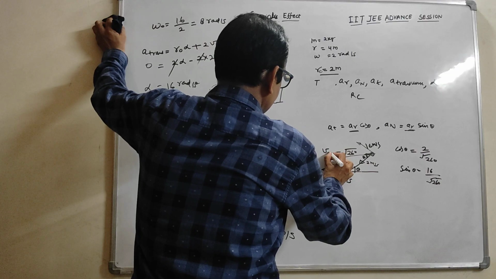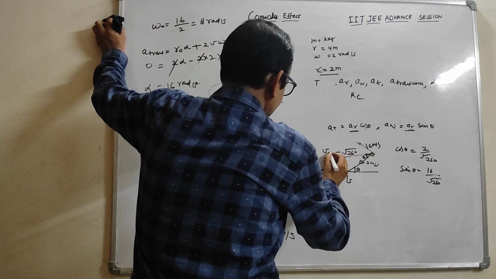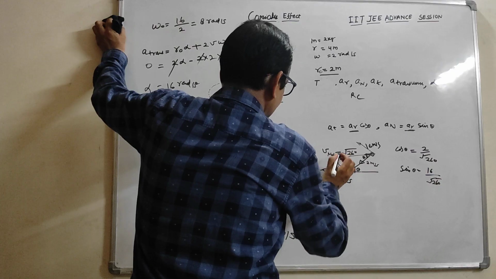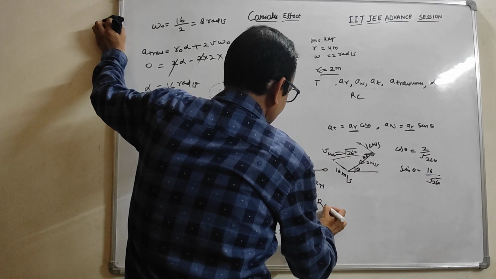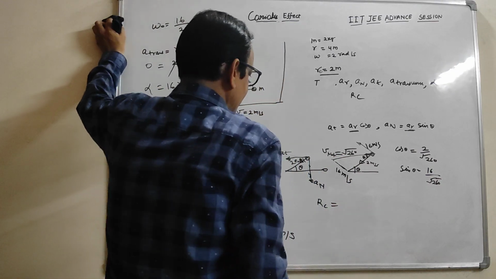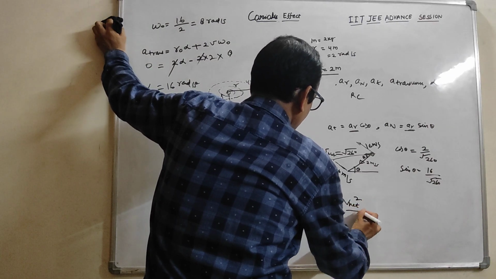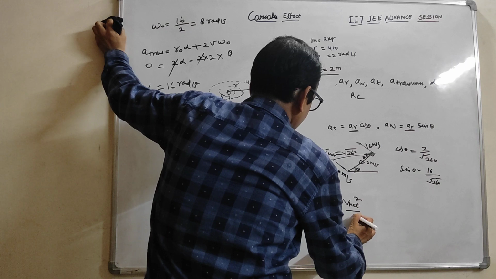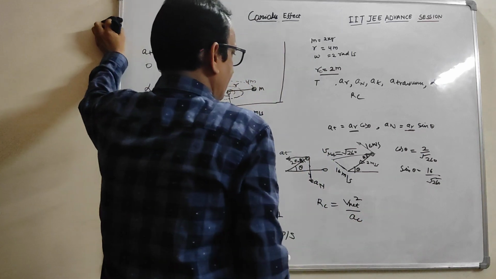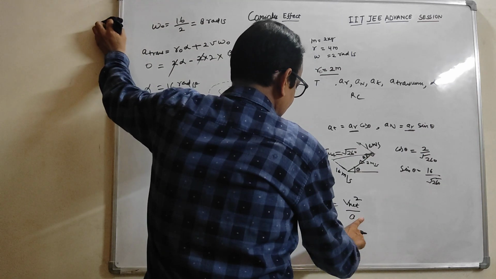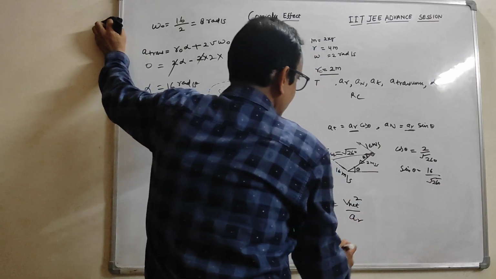This would be V net, velocity net. We know the radius of curvature is V net square upon the radial acceleration, sorry, upon AR.